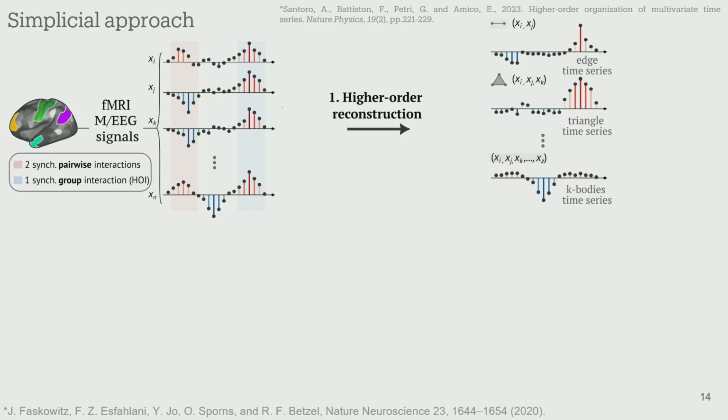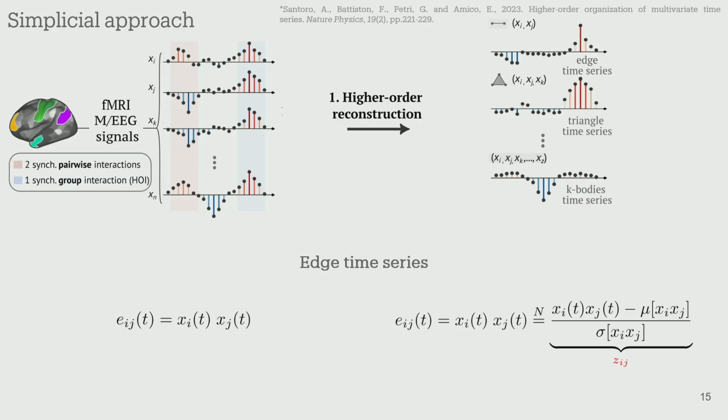So imagine three different regions of the brain, and you want to characterize how synchronous their activity is together. And to do so, they started to have new time series based on edges, for instance, which is just the temporal unwrapping of the Pearson correlation coefficient here.